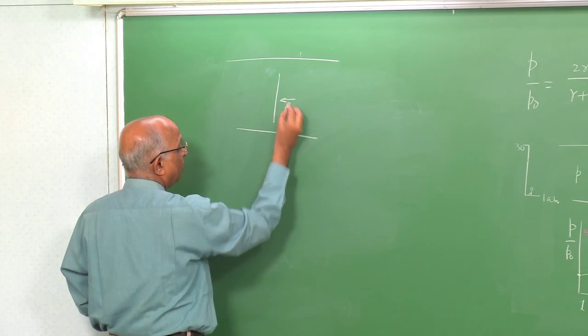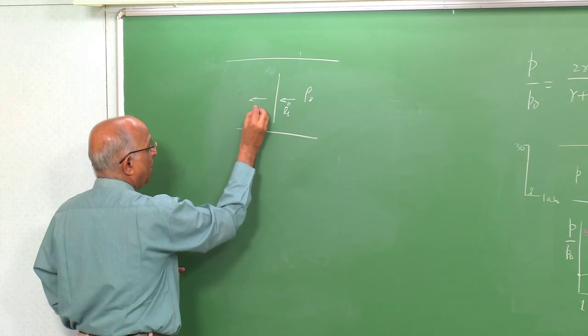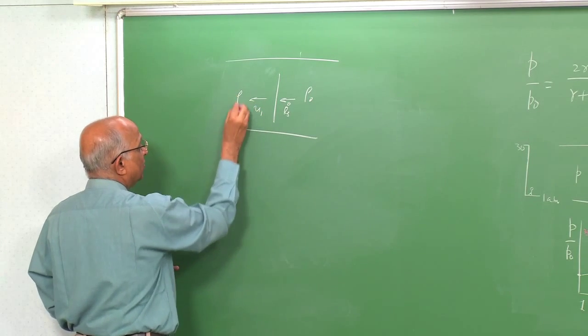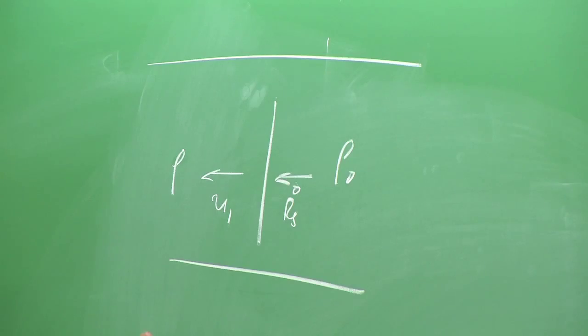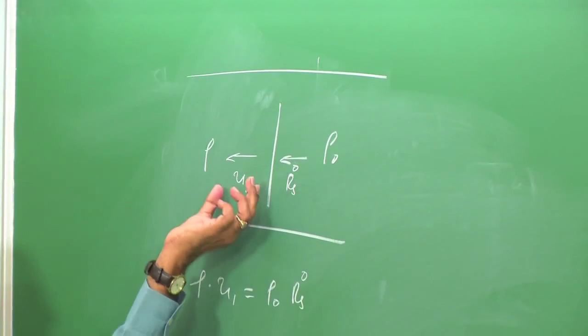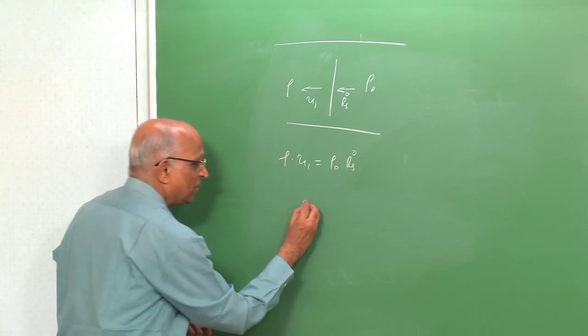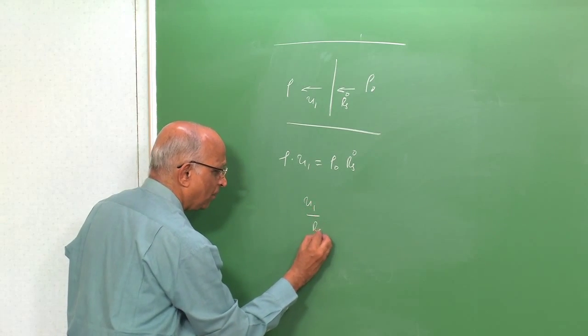The density ahead is rho 0, the velocity behind is u 1, and the density behind is rho. The continuity equation is rho into u 1 is equal to rho 0 into r s dot. That means the mass flux ahead of the shock is equal to the mass flux leaving the shock, which is the mass balance, and therefore from this I get u 1 by r s dot.